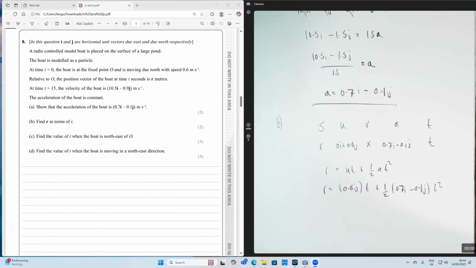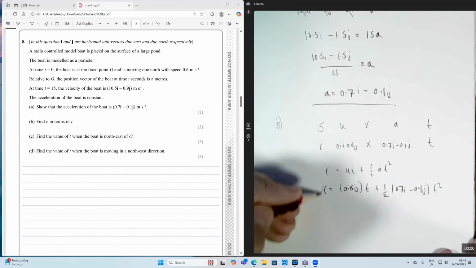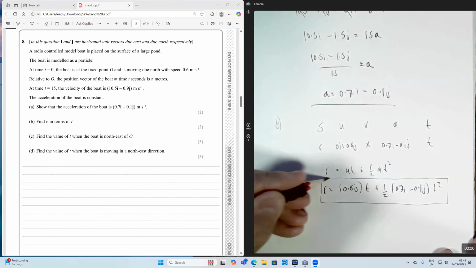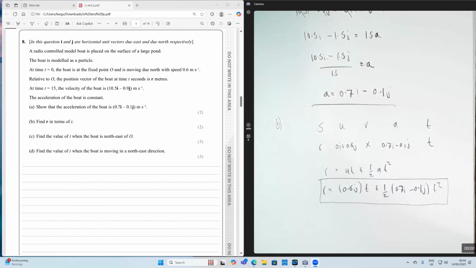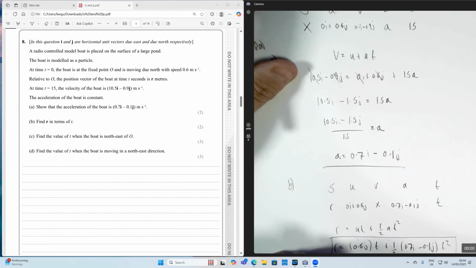So we've just subbed into our s equals ut plus half at squared, and that actually is our answer done. It's only worth 2 marks, and we've expressed r in terms of t. Okay, perfect. Let's see what's next in part C.